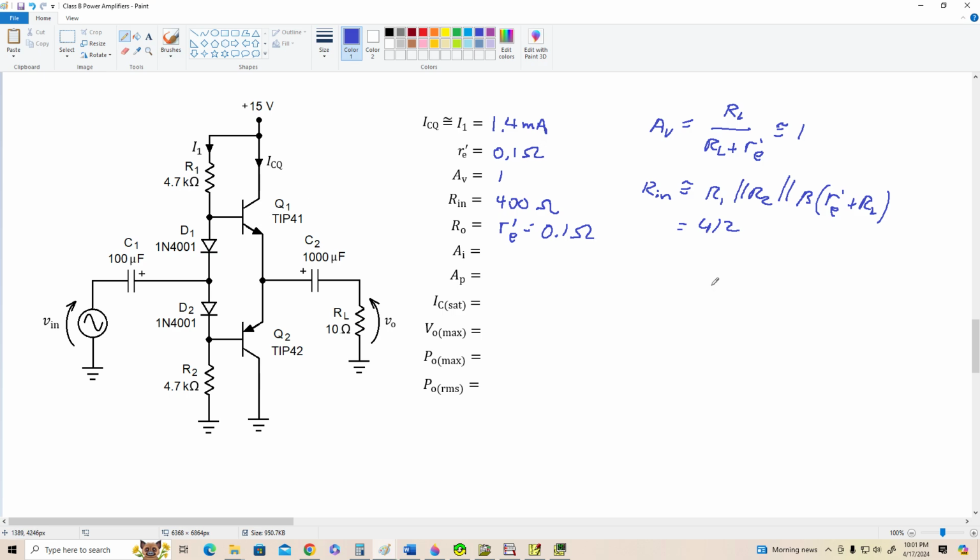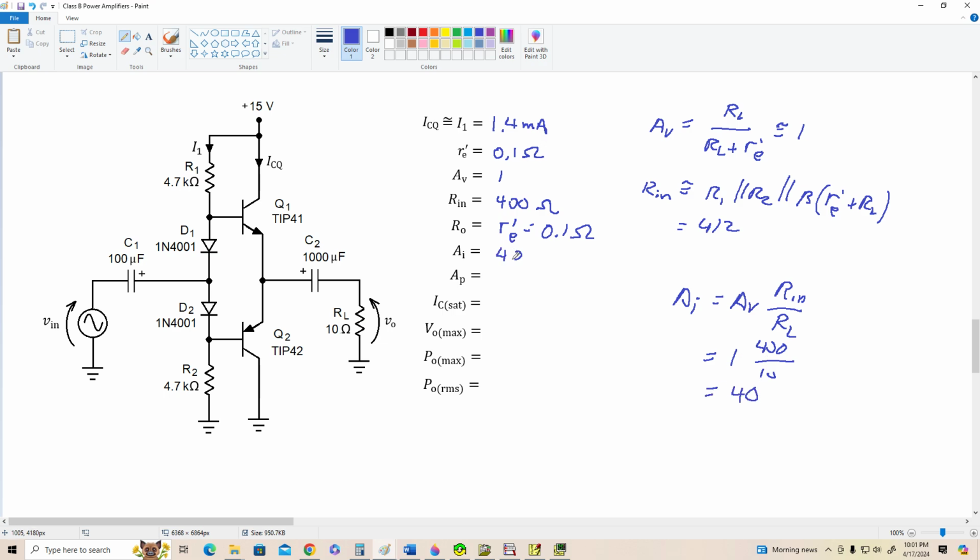All right, the current gain. Remember, A sub I is equal to AV times Rin over RL. Our voltage gain is about 1. Rin is about 400 ohms. And our RL is 10 ohms. So that's 400 divided by 10 is 40 times 1. We've got a current gain of about 40.